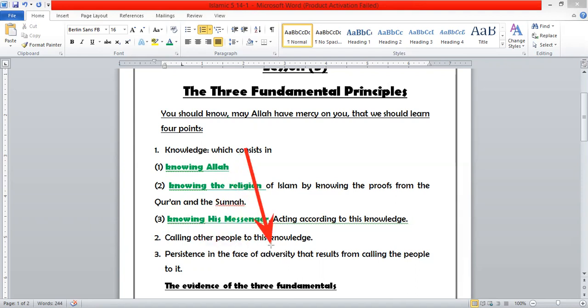The word adversity means difference. For example, you are saying always tell the truth, but there are some people in this world who will say always speak according to the conditions. So the difference of opinion will come from calling people to your ideas, to your Allah.